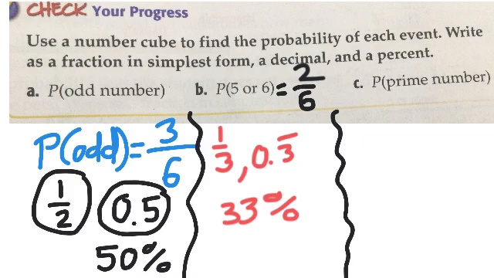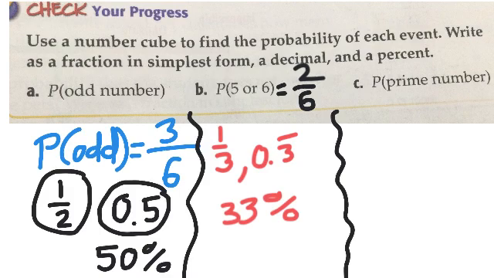So, a prime number is a number whose factors, you know what a factor is? It's a number whose factors are 1 and itself. So, for instance, if I pick the number 10, what are the factors of 10? 2 and 5, 1 and 10.